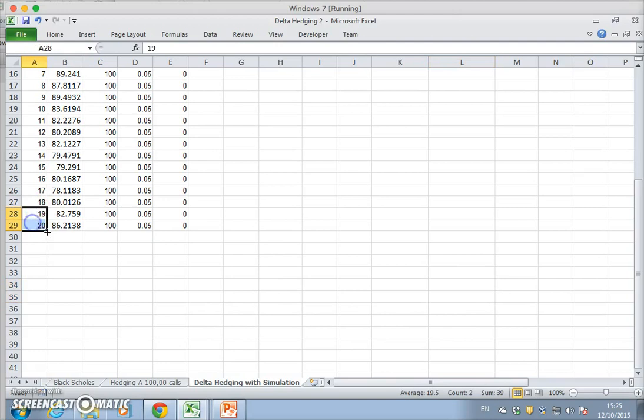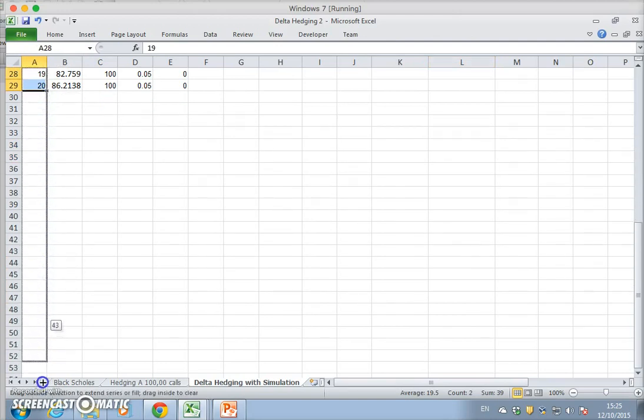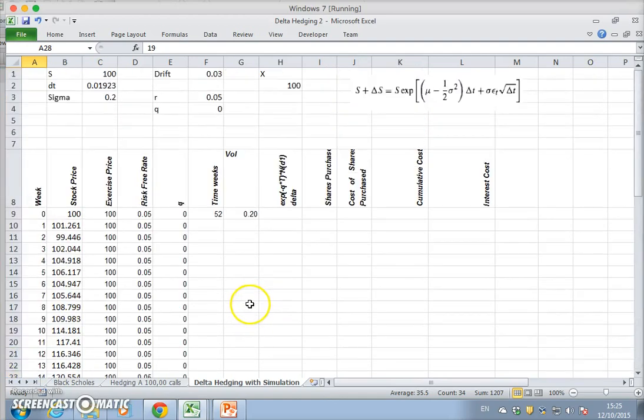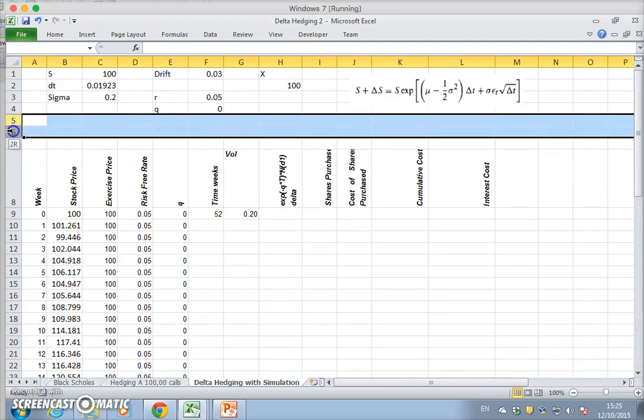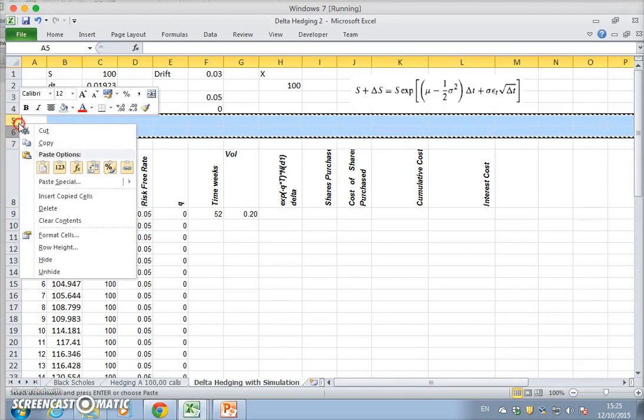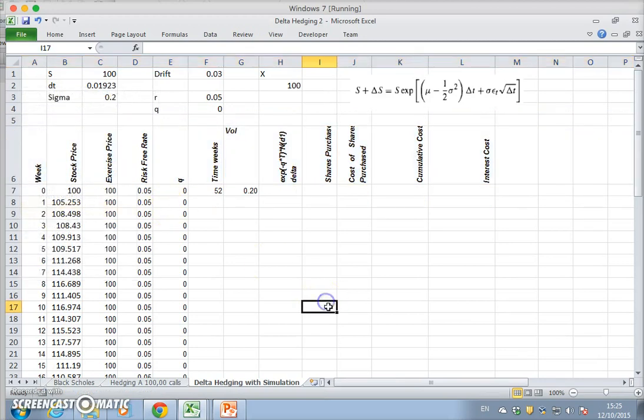So we go 23, 24, right down to 52 weeks. Okay, and maybe we can remove some of these cells here. So delete, and we've made a little bit of space.